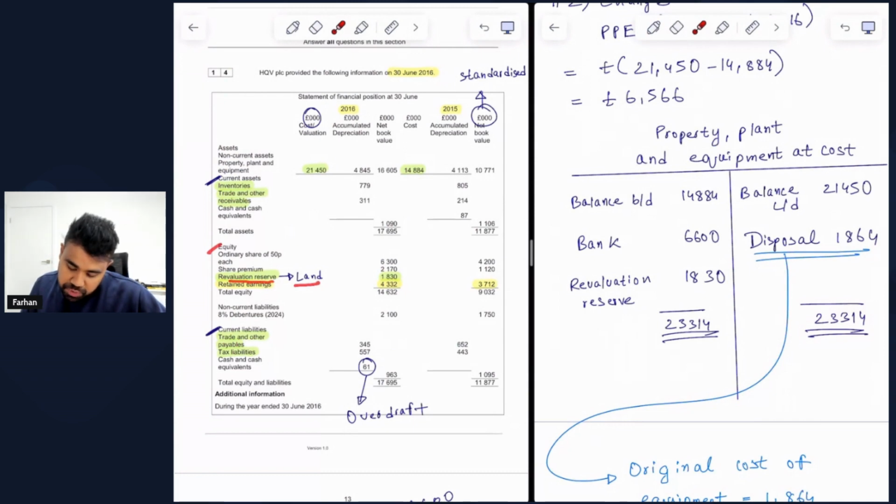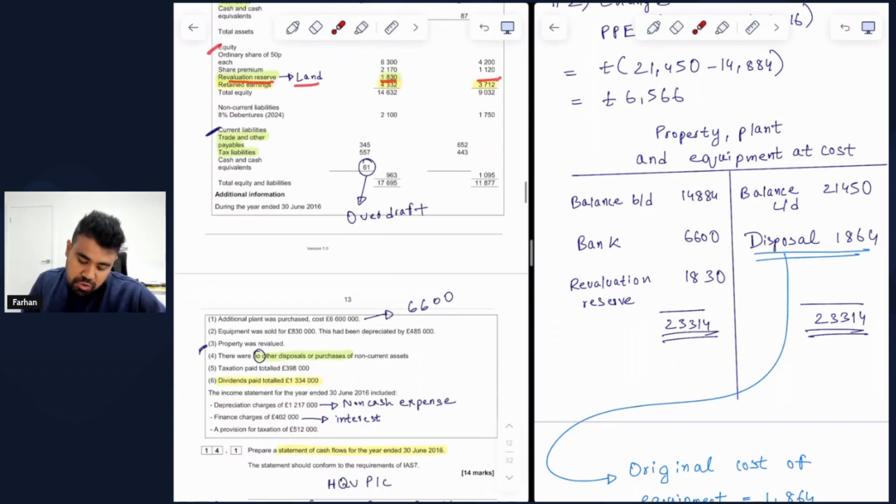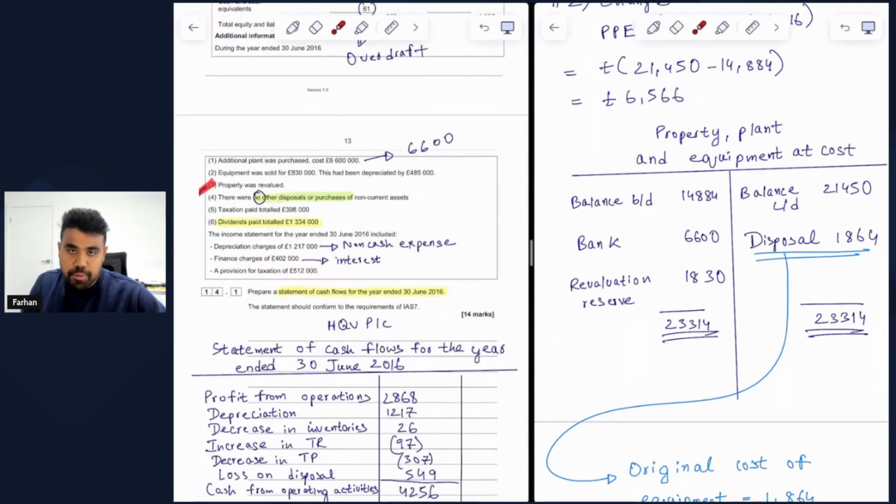This has a balance of 1,830 for 2016, but in 2015 there was nothing. At the end of 2016, the amount is £1,830, which is tied to the property being revalued that is mentioned in additional information 3.